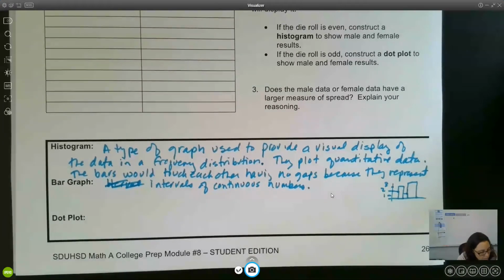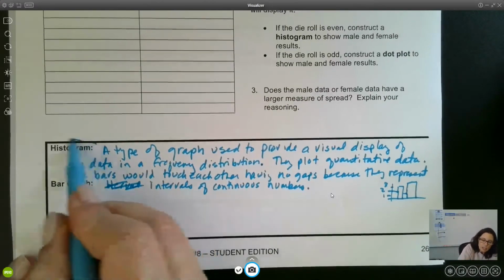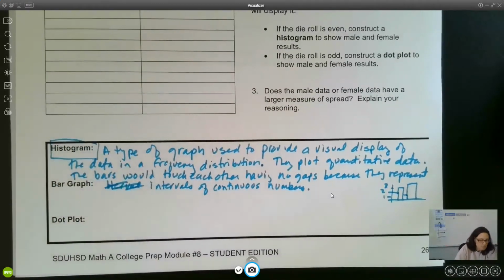Okay, a bar graph. A bar graph is a type of graph used to provide a visual display of the data in a frequency distribution. So the same thing. I'm going to go in a different color because I ran over on histogram. Let me do this one in pink.